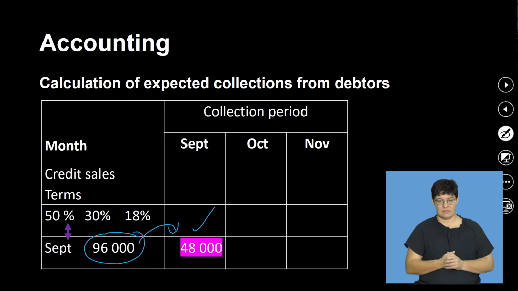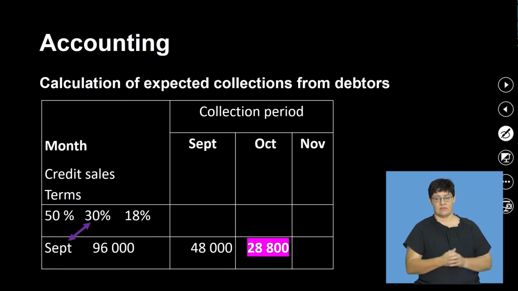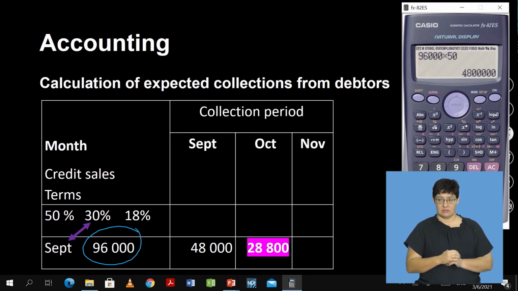Okay, next one. Is September going to impact on October? Certainly it is. How? Take your September sale again, 96,000, times 30%, and you've got your figure of 28,800.